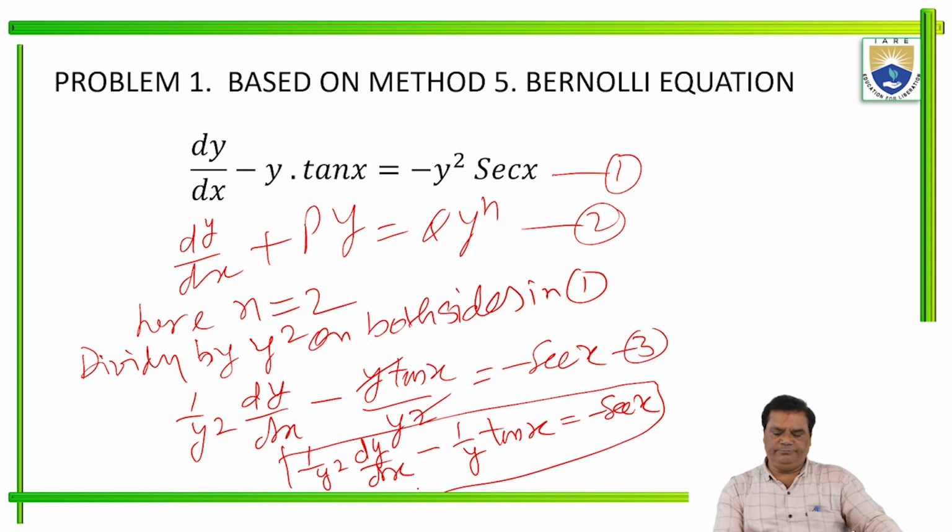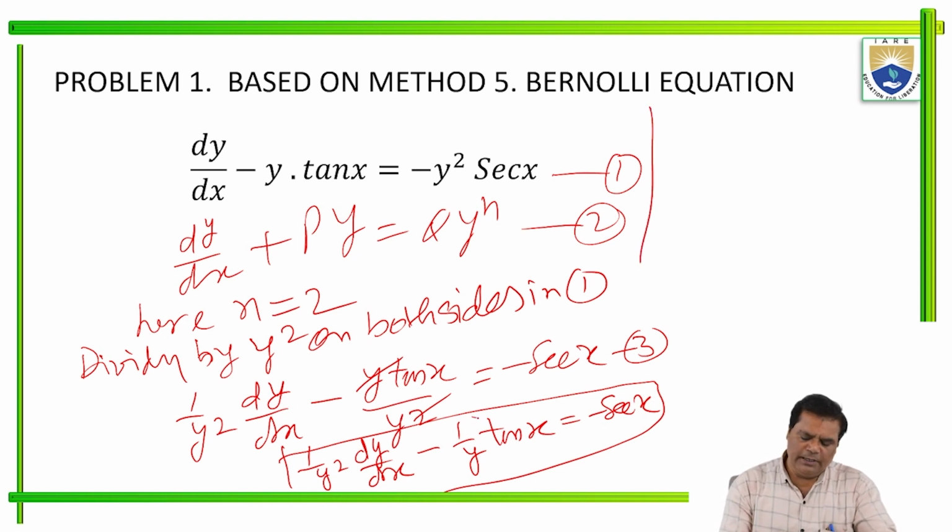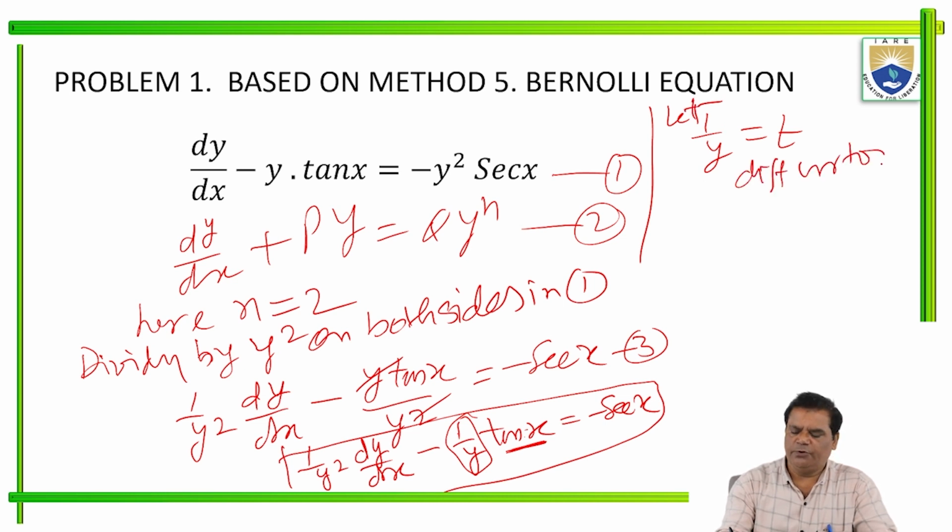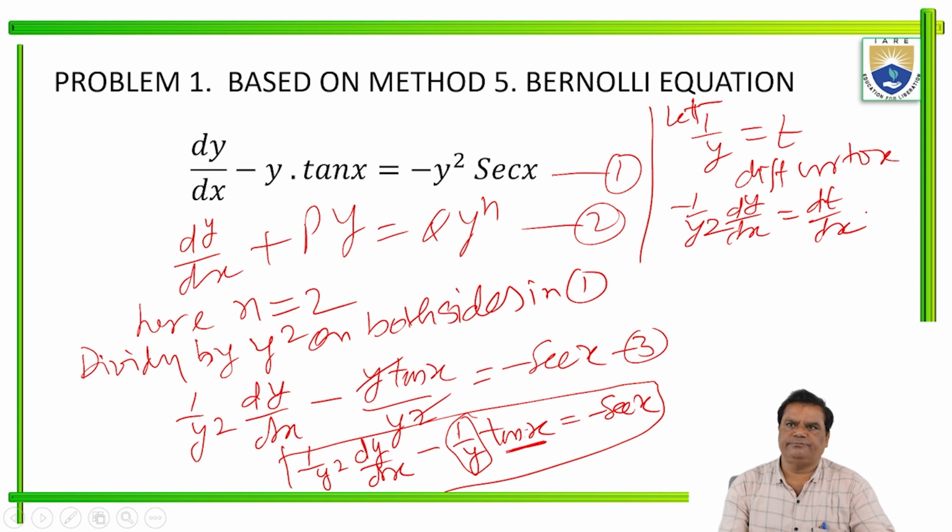So here, let 1 upon y be t. The coefficient of tan x is p, and the coefficient of p is 1 upon y. So let 1 upon y be t, and differentiating with respect to x, we get minus 1 upon y squared dy/dx is equal to dt/dx.